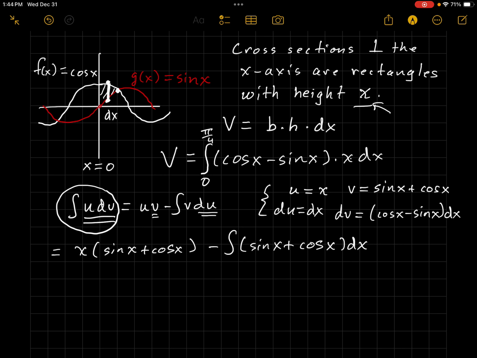So let's continue on. I'm just going to rewrite this first part, and then I need to integrate. The integral of negative sine is positive cosine. The integral of negative cosine is negative sine. And then now I remember my limits, so I'll plug them in at this point, from 0 to pi over 4.